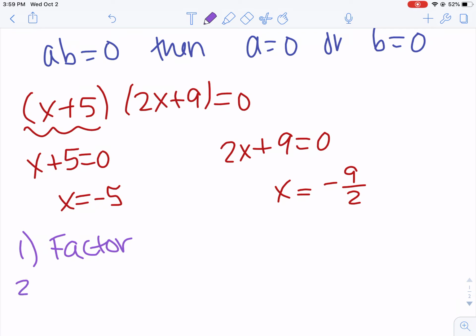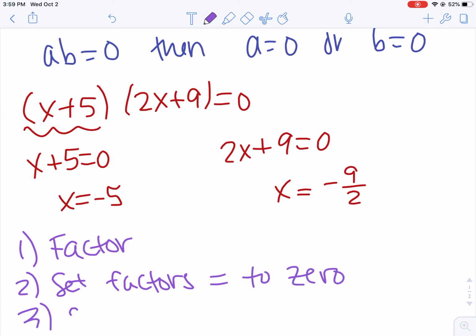Factor, set your factors equal to 0, and then step 3 is to solve. I'm sorry, I'm so tired right now. I'm really struggling.